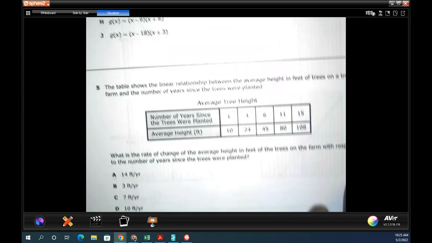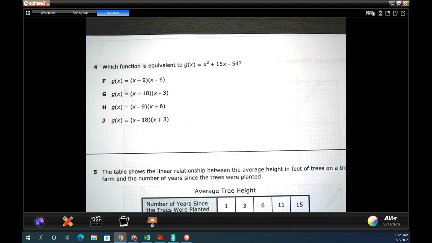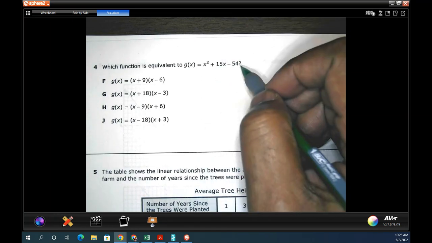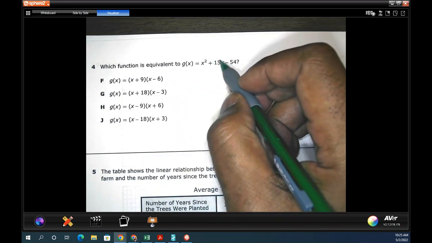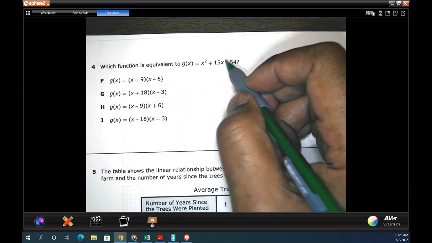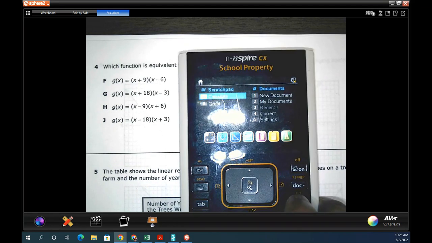Okay. Number 4: which function is equivalent to g of x equal to x squared plus 15x minus 54? Two ways you can work it. You can factor it. Now, here's the other thing you can do. Get your calculator. Go to the home screen.